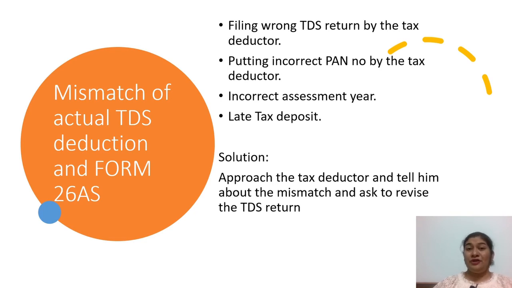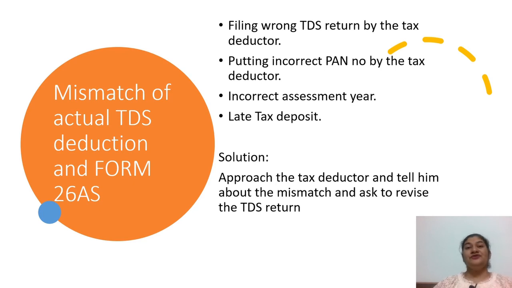Let me inform you that whatever tax deducted information is reflecting with the income tax department through 26AS will be the only amount taken as your TDS. While filing the return, if you put any additional amount apart from 26AS, that will not be accepted by the income tax department.